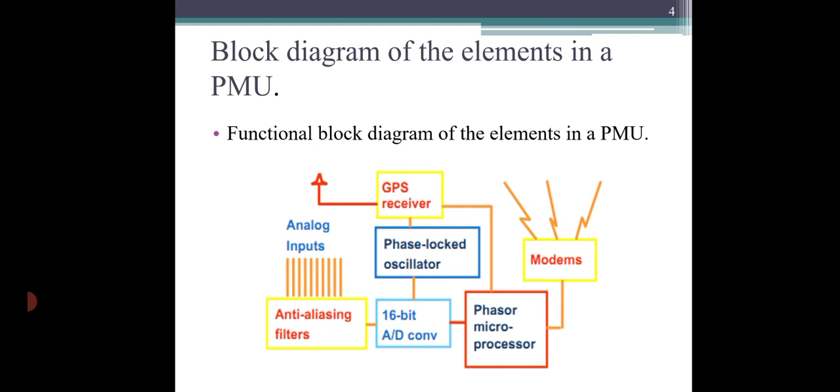The GPS receives the signals and passes them through the phase lock oscillator, and the phase lock oscillator passes the signals to the 16-bit A to D converter. The A to D converter converts the analog signals into digital signals, and next it passes the signals to the phasor microprocessor, then the modems.